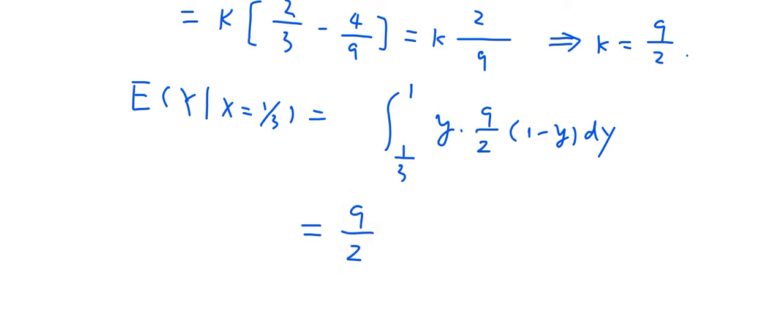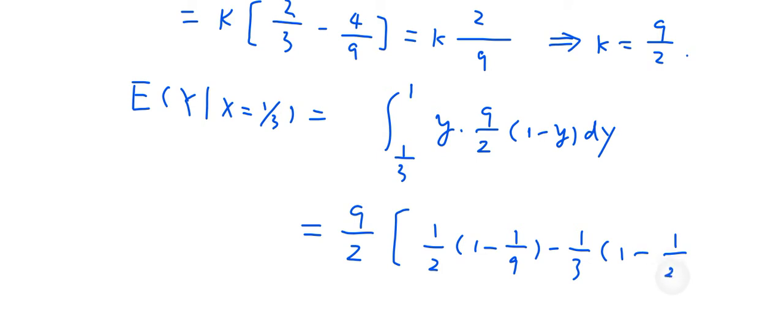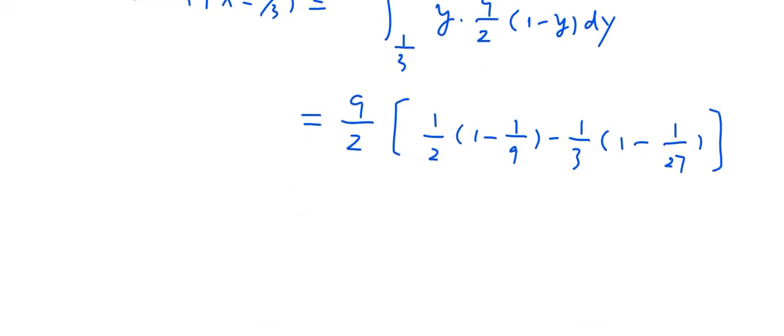So then the integration of y times the half of 1 minus y square, so minus y square is 1 over 3, so 1 square minus 1 over 3, oh, not square, cube, so this equals 27. So this equals 9 over 2, and this is just some calculation.